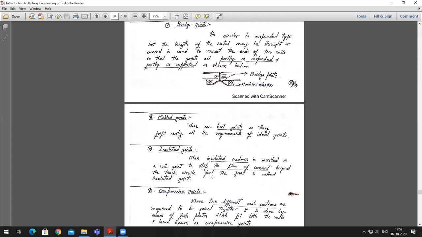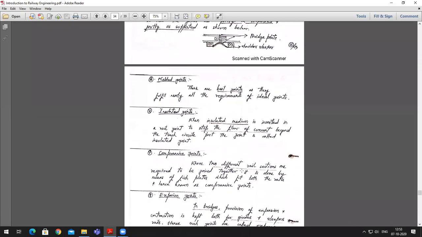The gap between these two rails will be filled with elastic material. The gap will be there, but an insulating material will be inserted. Even the fish plates and fish bolts will be fixed with the help of insulators, such that the electricity from rail A will not get transferred to rail B. Those are called insulated joints.